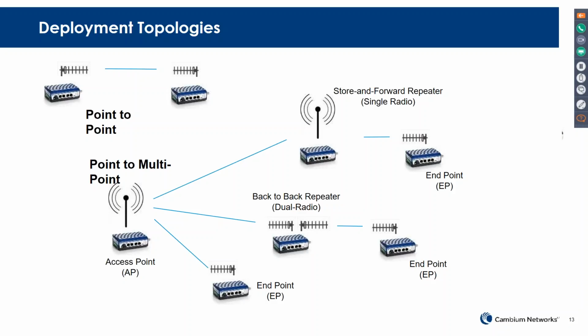You can use a store-and-forward repeater, which is cheaper. That's a single radio port, cheaper but with lower efficiency. Or you can use the dual radio back-to-back repeater, which is more expensive, but much more efficient in terms of RF efficiency. And then out of the repeater, you can still connect to your endpoint.